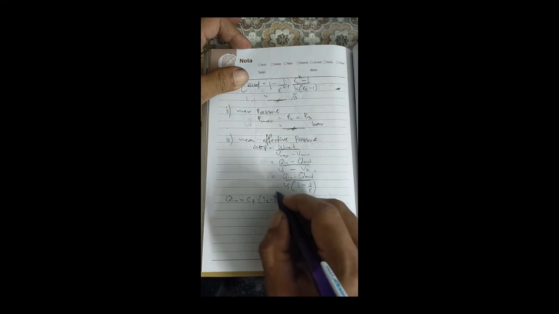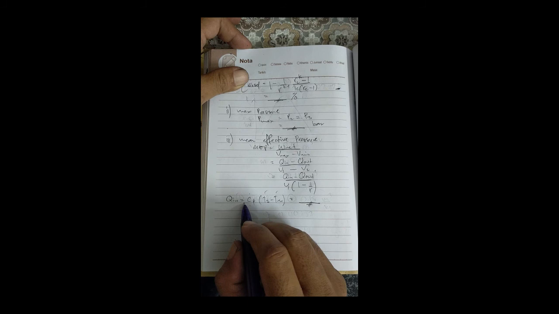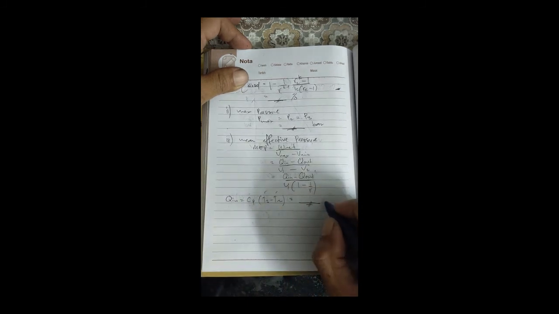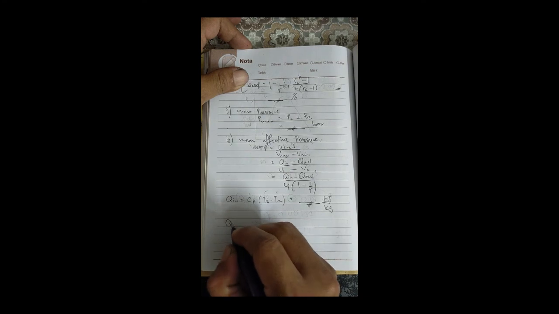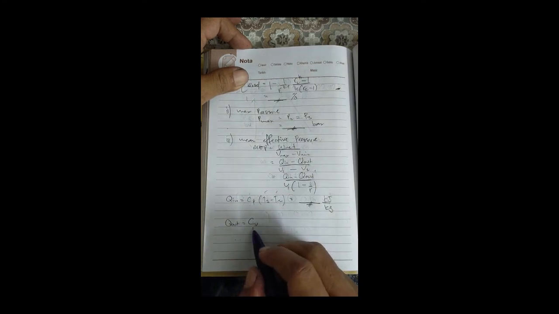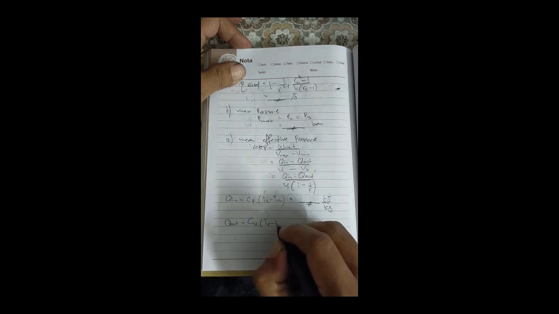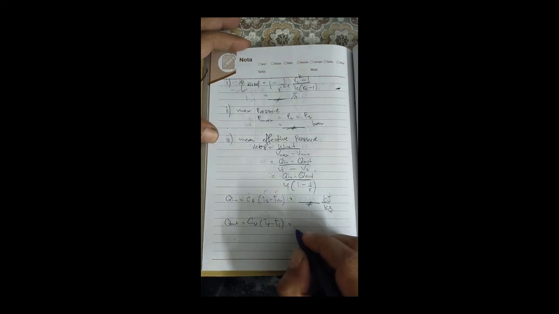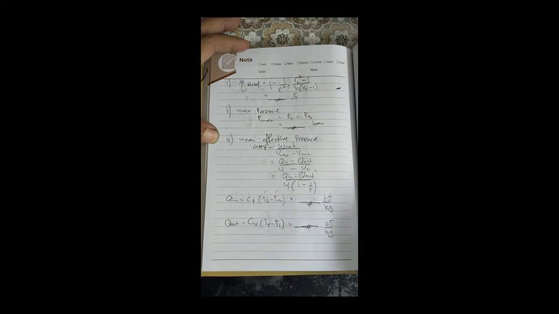So we have Cp times (T3 minus T2). In this unit we don't include mass, so we have kilojoule per kg. And Q out is Cv, because it's a constant volume process 4-1, so Cv times (T4 minus T1), kilojoule per kg.